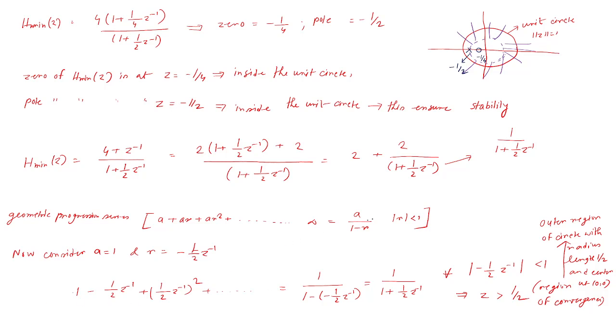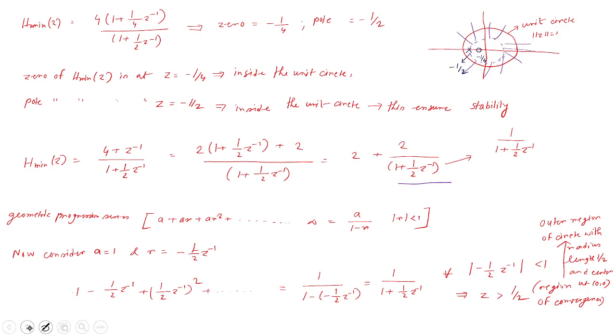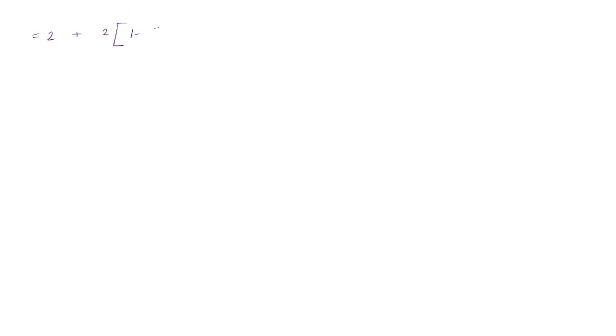So okay, this one we have seen. This is a result of an infinite GP series. Therefore we can write this carefully as 2 plus 2 times this series, right? 1 minus half of Z inverse plus half of Z inverse square, like this.